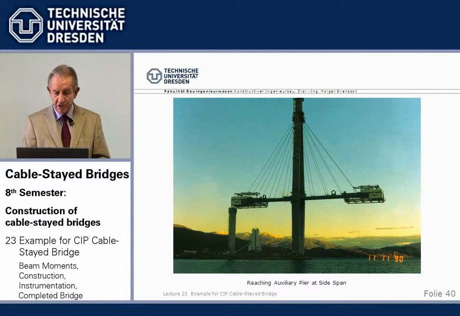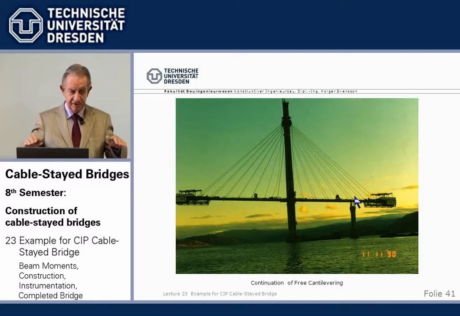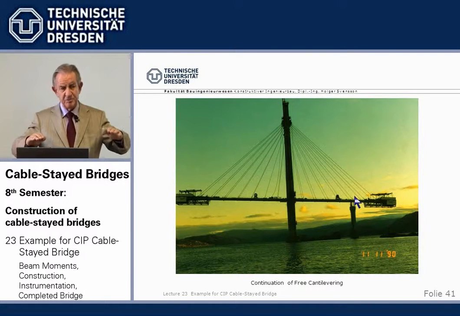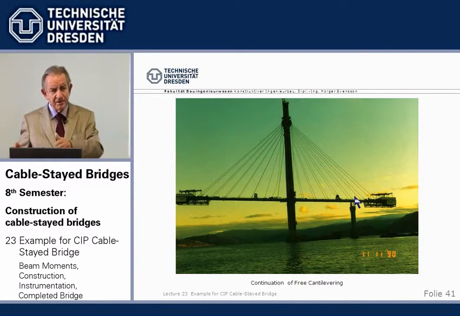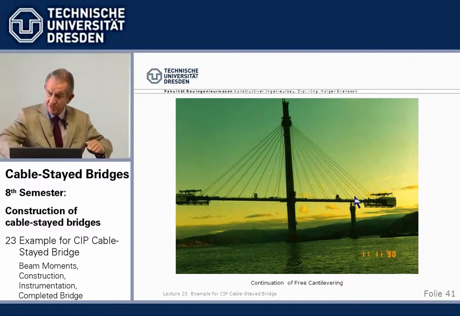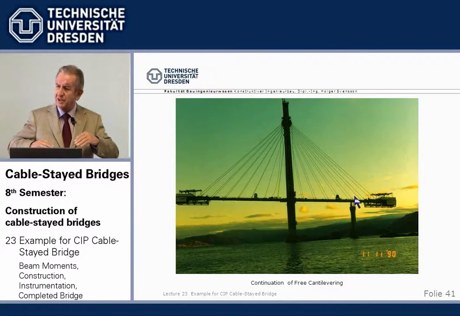And on we go. We needed one auxiliary pier in the side span, not for vertical reasons, but for horizontal reasons. If we have wind blowing on one cantilever much more than on the other, which cannot be excluded, then we get a horizontally rotating moment, and that was something the tower couldn't take.